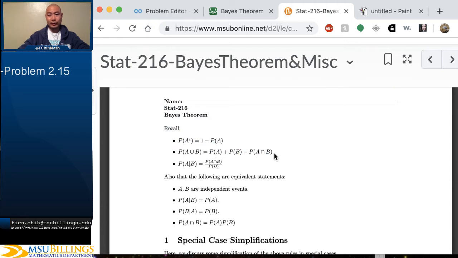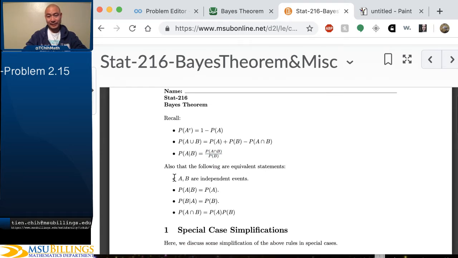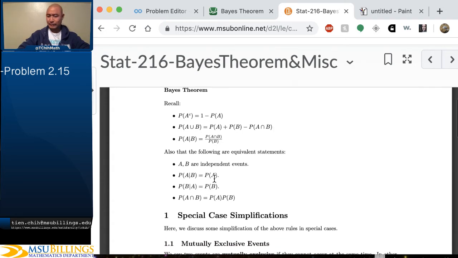We know the union rule, and I discussed this in the introduction to probability video. And we know how to compute the conditional probability, which we also discussed in that video. And then we have a bunch of rules about independent events which don't really apply here, because taking drugs and testing positive for drugs should not be independent events, right? You should have a better chance of testing positive if you use drugs. Otherwise, it's a pretty useless test. So this doesn't really apply to us.